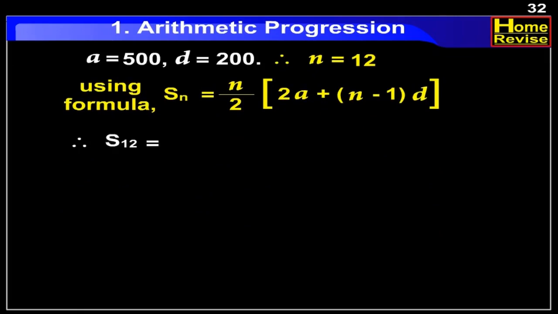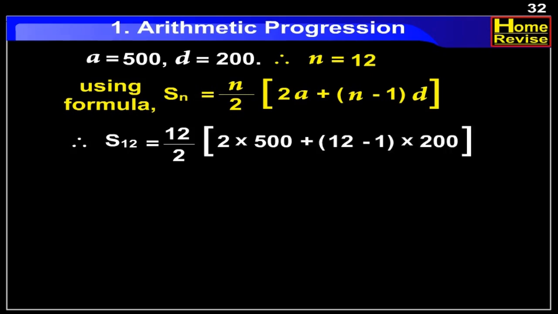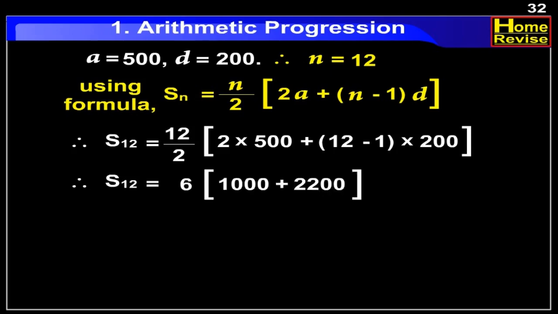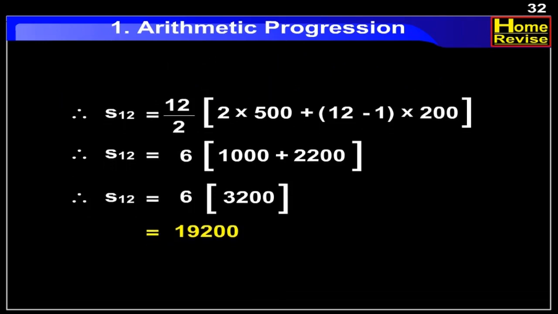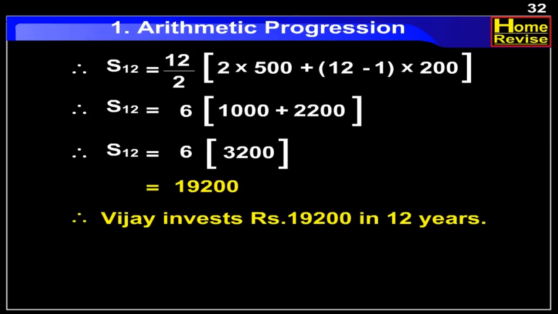Therefore, S12 is equal to 12 upon 2 into, in bracket, 2 into 500 plus (12 minus 1) into 200, which is equal to 6 into (1000 plus 2200). Therefore, S12 is equal to 6 into 3200, which is equal to 19,200. Therefore, Vijay invested rupees 19,200 in 12 years.